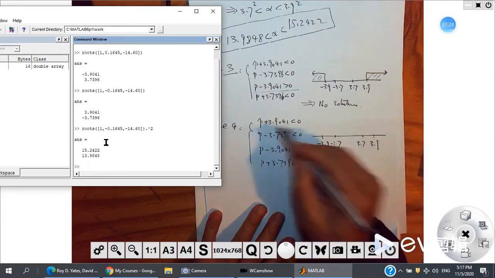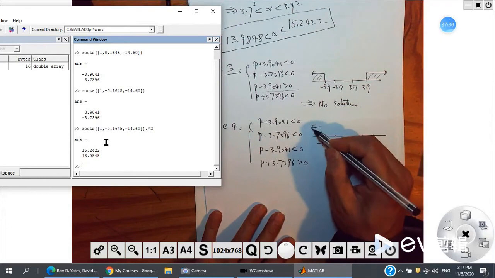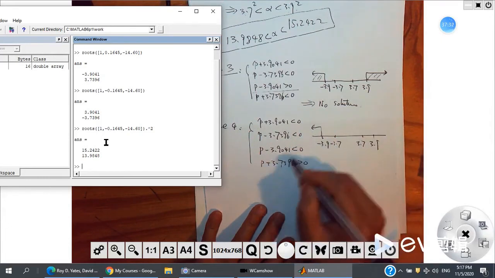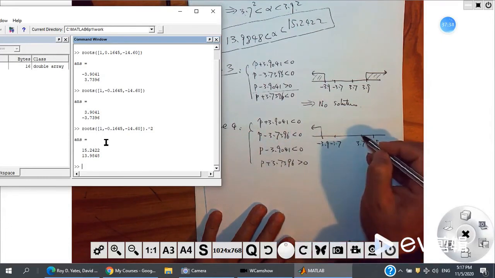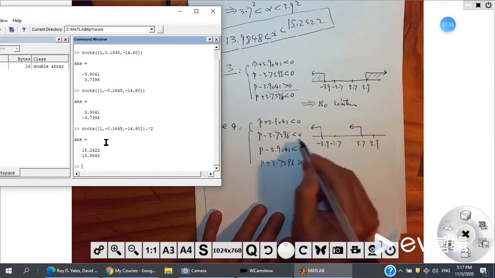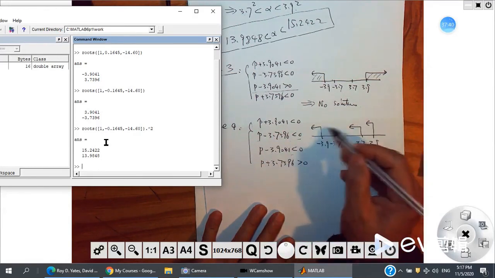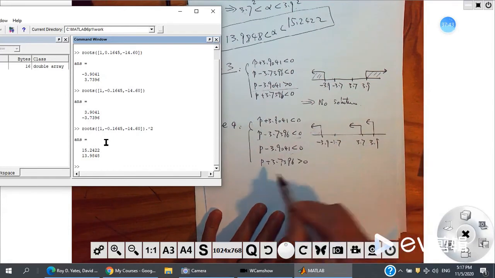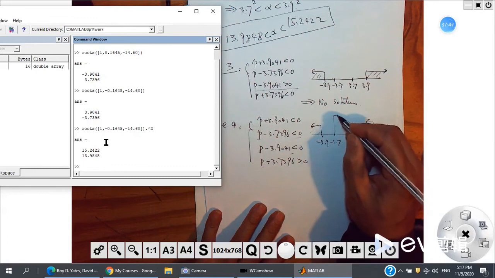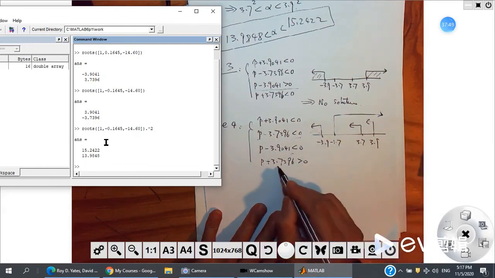The first one we want smaller than these, the second equation and third equation we want smaller than these. These three have common areas here, but the last one we want P larger than negative 3.7.